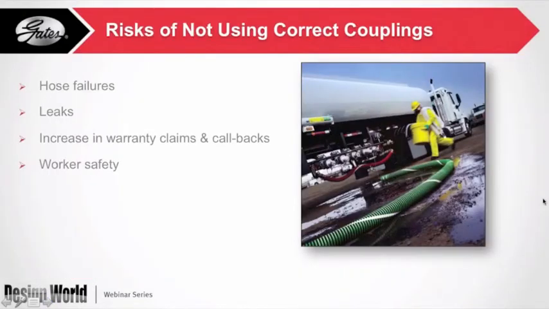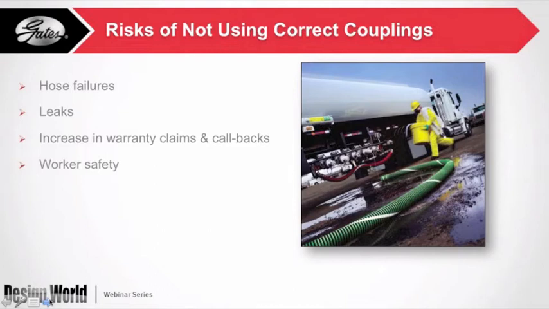So some risks that are associated with not using the correct couplings. Obviously, if the coupling is not properly selected for the hose that it attaches to, you can either cut the tube of the hose, or the reinforcement of the hose is not going to be sufficient to hold the coupling on. So your coupling will come off, or it will rupture the hose.